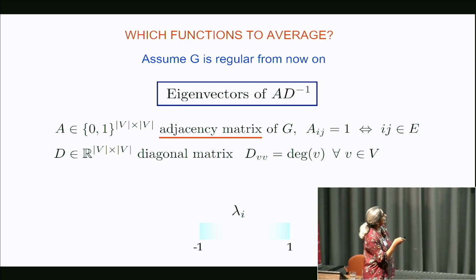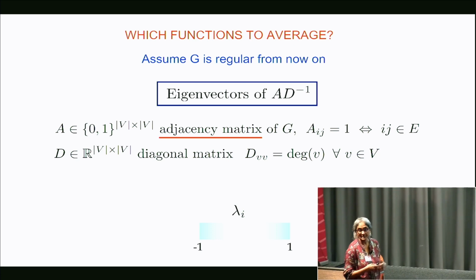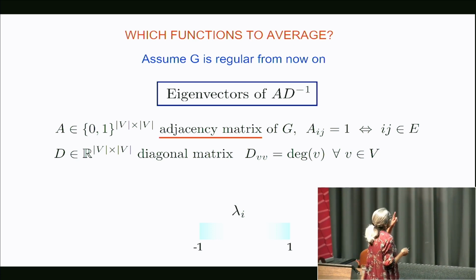So we're going to average these eigenvectors. These are the functions that I will take, and that's enough because it's an eigenbasis. So any function is a linear combination of these, so it'll be enough to do that. One special feature about this particular matrix is that it is doubly stochastic. So the rows and the columns sum up to 1.